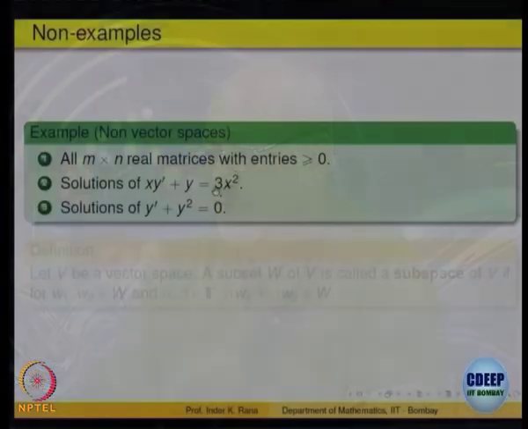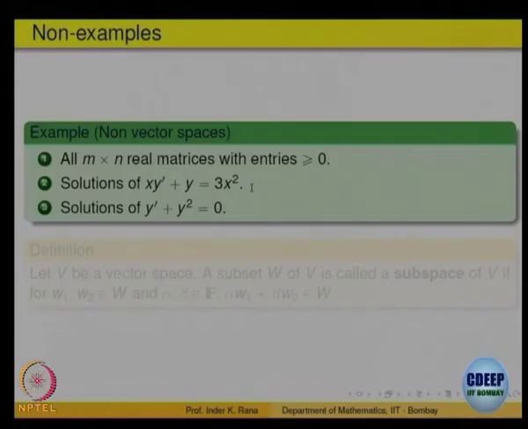For example, look at solutions of x y' + y = 3x². If I take y1 and y2 to be solutions of this differential equation, that means x y1' + y1 = 3x², and y2 is another solution, x y2' + y2 = 3x².